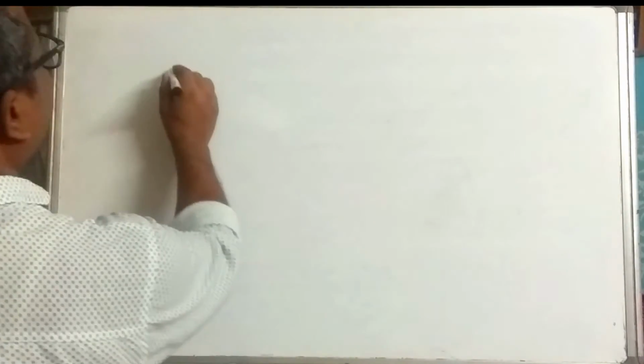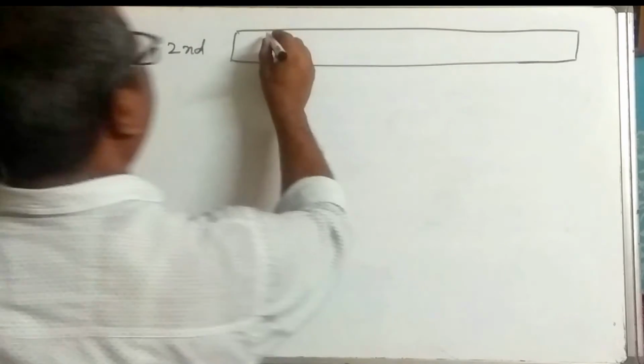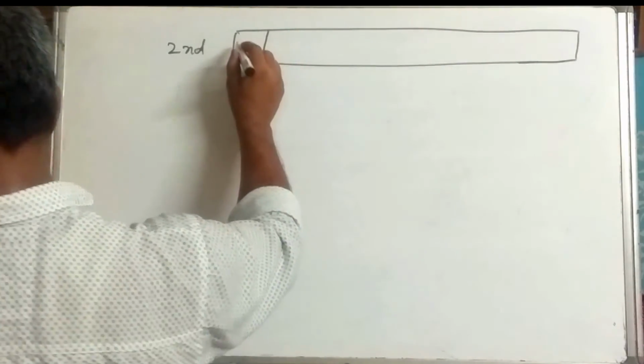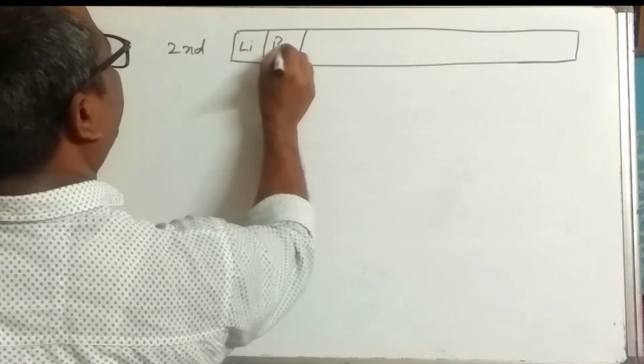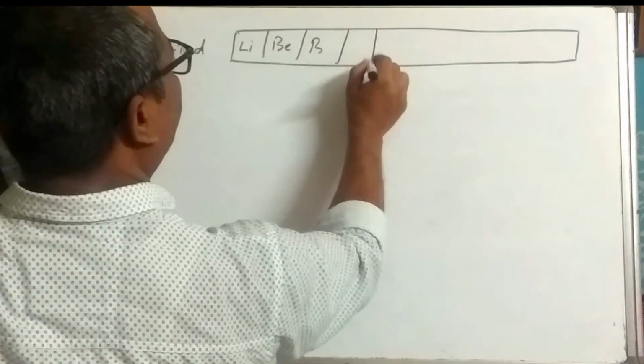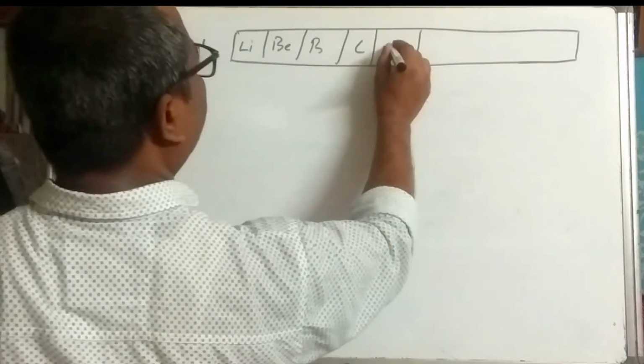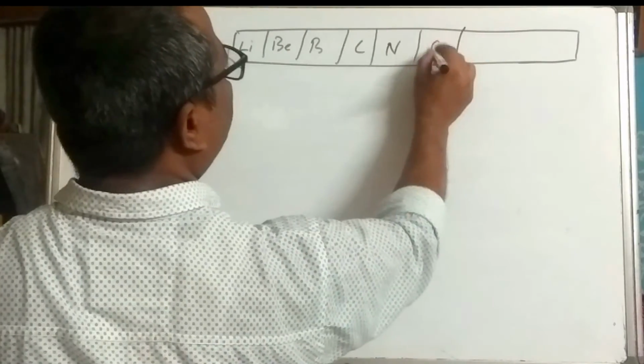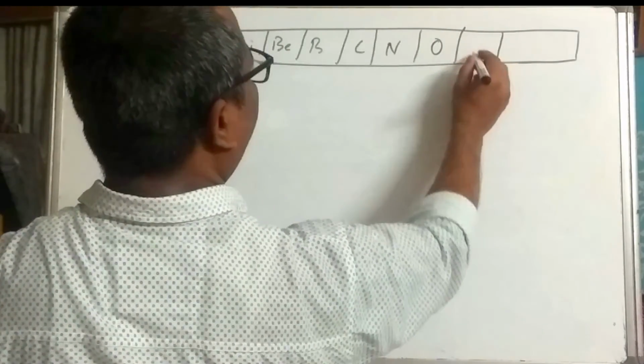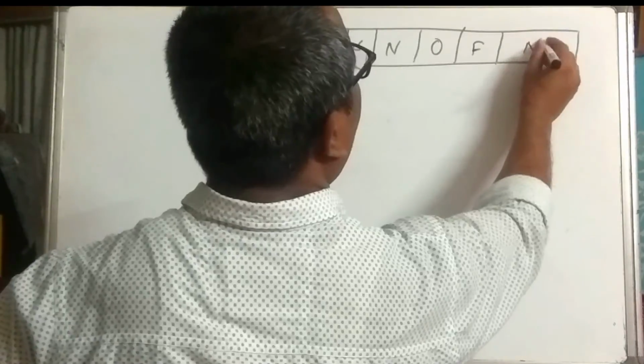You please recall the periodic table, second period. Here, lithium, beryllium, boron, carbon, nitrogen, oxygen, fluorine, neon.